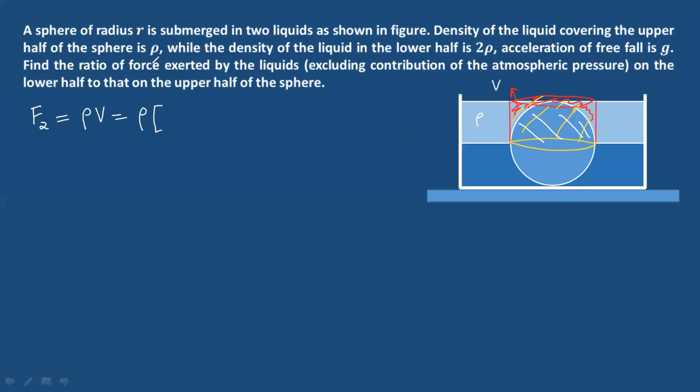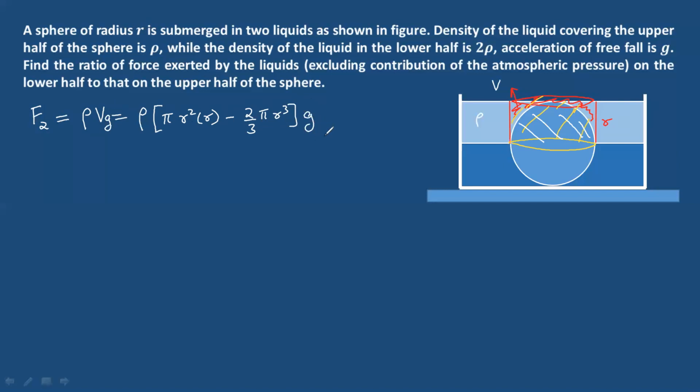All right, so volume would be the volume of the cylinder, that is pi r squared times r. You can clearly see that the height is r, all right, minus the volume of the hemisphere, that is 2 by 3 pi r cubed. All right, I'm again sorry, I was supposed to write g here.